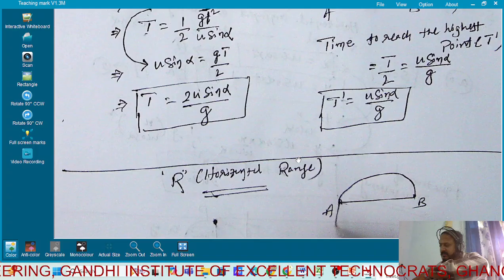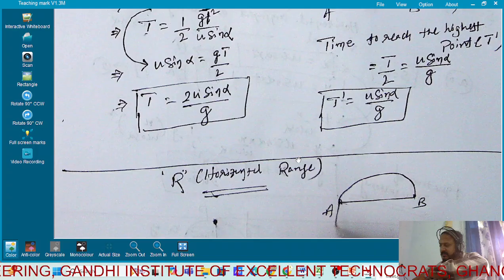All of you are clear? So when you are taking R max into consideration, if the horizontal range is maximum, then sine 2 alpha must be maximum. Yes or no? Yes, sir.